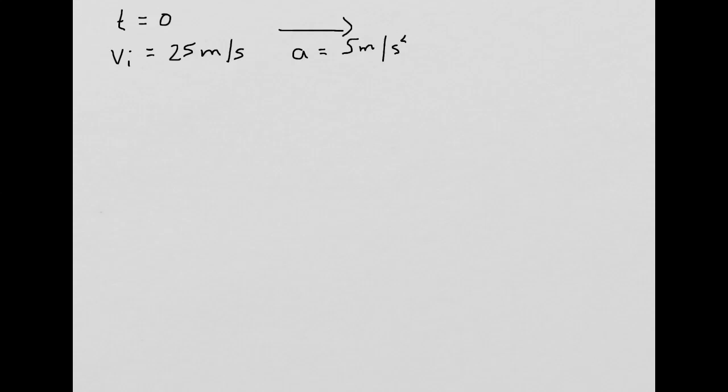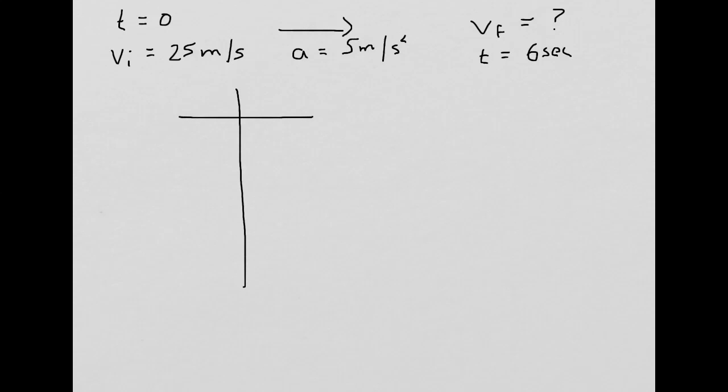What is my final velocity after, let's say, 6 seconds? So one way we can do this is plug into the formula that we derived on the last page. Another way we can look at this, kind of the long way of doing things, is to think about what acceleration is telling us.